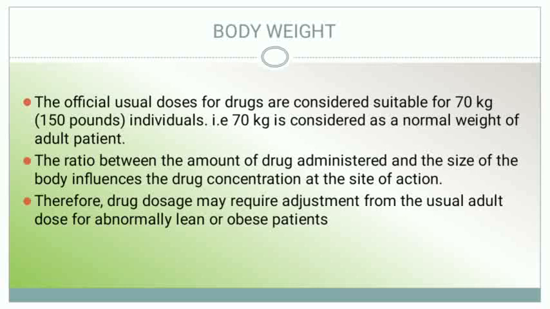Usually 70 kg is considered the normal weight of an adult patient, and therefore if the drug is to be given to an obese adult or lean adult, the dose needs to be adjusted.